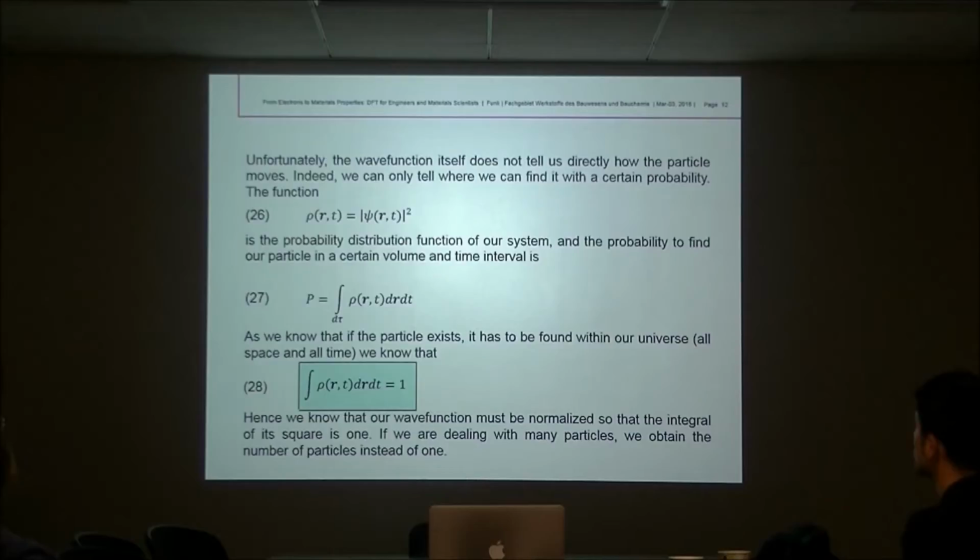So what we know is that our wave function must be normalized, so that the integral of its square is 1. This is very important because, however nice our mathematical solutions are, if you forget to find the right factor for normalization, we obtain totally wrong results.